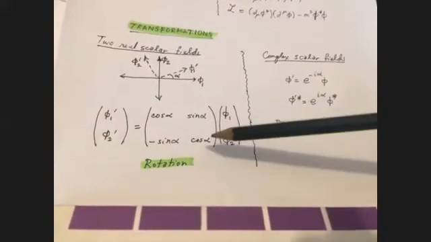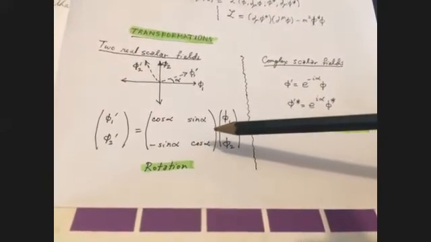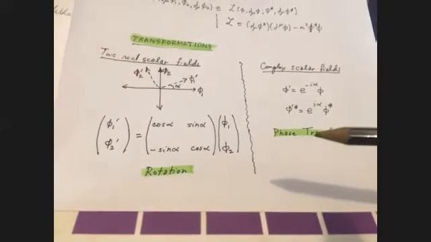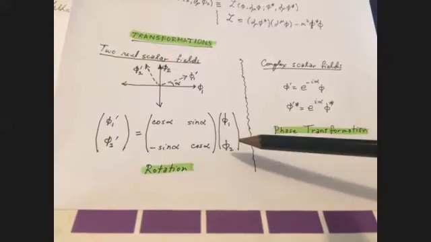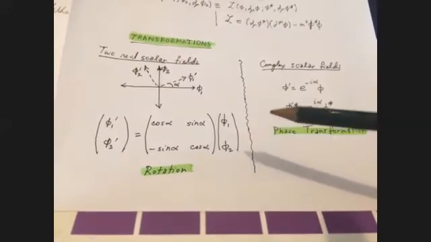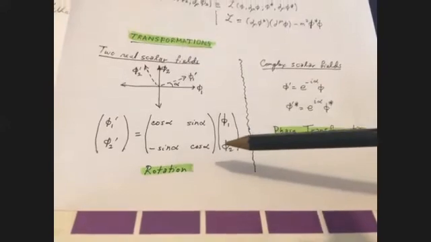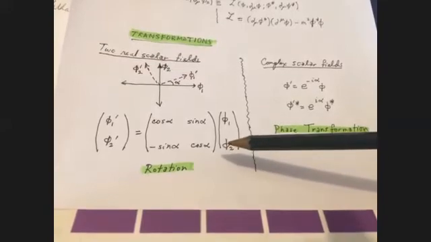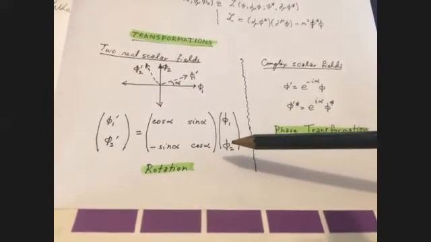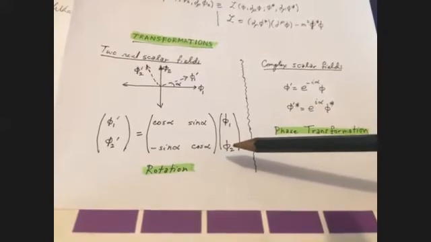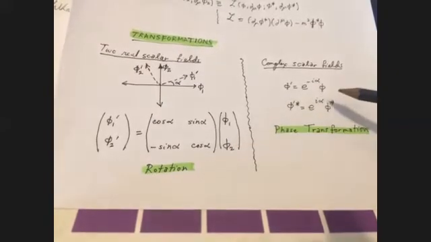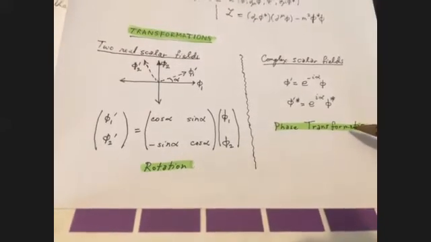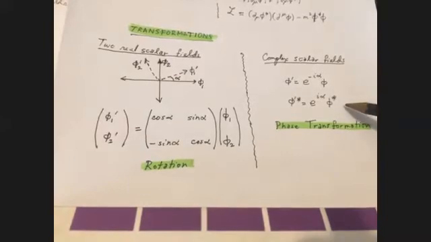Now, we said that the two Lagrangians are equivalent, and we asked ourselves the question last time, if it looks like a rotation in scalar fields, then you calculated last time that the rotation for the two real scalar fields translates into something like a phase shift when you talk about phi star, right?